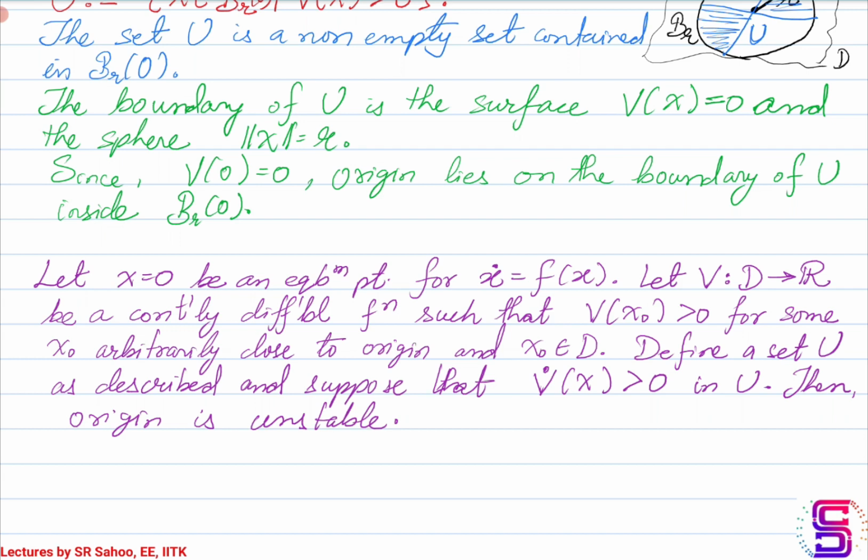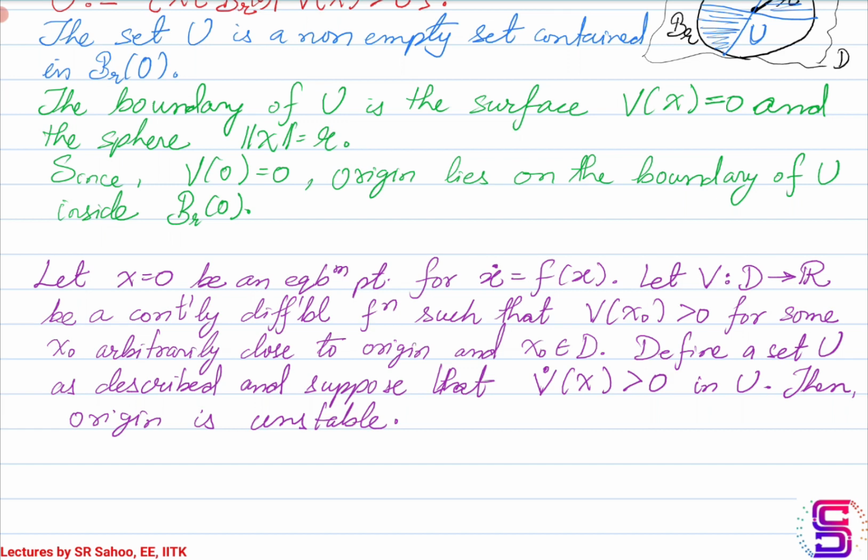Why? V dot x being positive indicates that V will have a tendency to grow. So if you start at x0, where V is already positive, and V dot is positive in the set U, then V will grow.